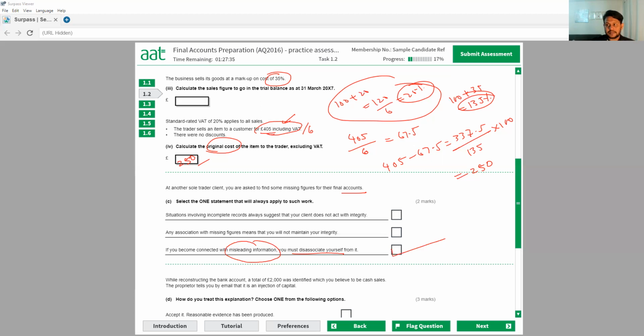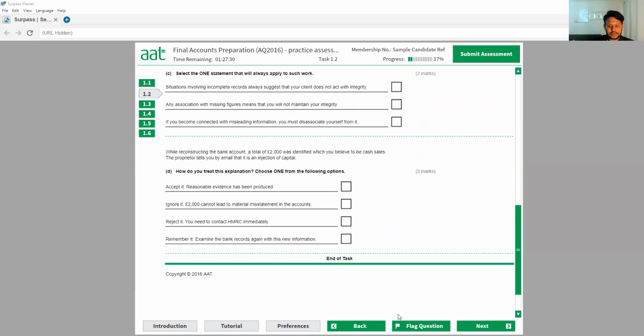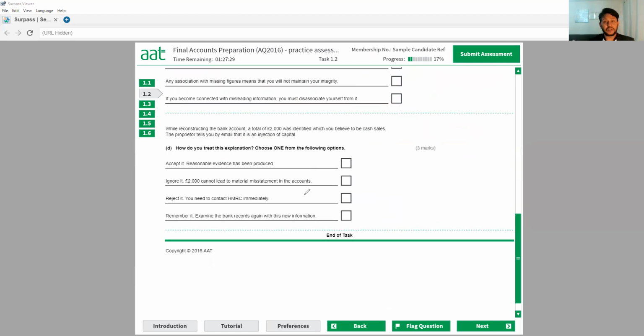All right, let's go to the next one. While reconstructing the bank account, a total of 2,000 was identified, which you believe to be cash sales. The proprietor tells you by email that it is an injection of capital.